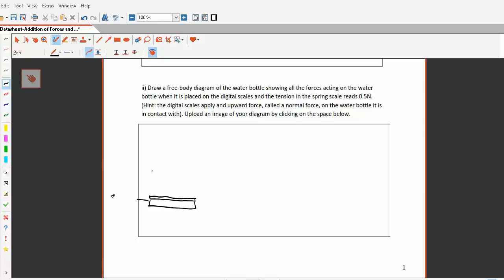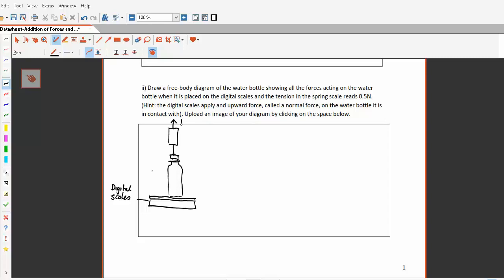These are supposed to be my scales, or rather the digital scales. My water bottle is here. And my spring scale is here.